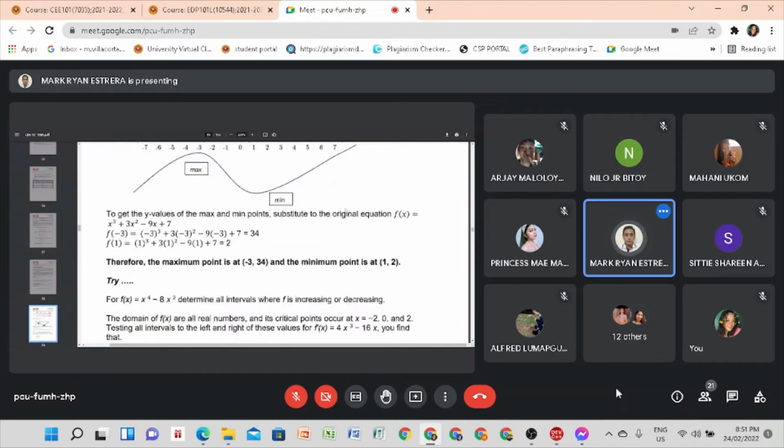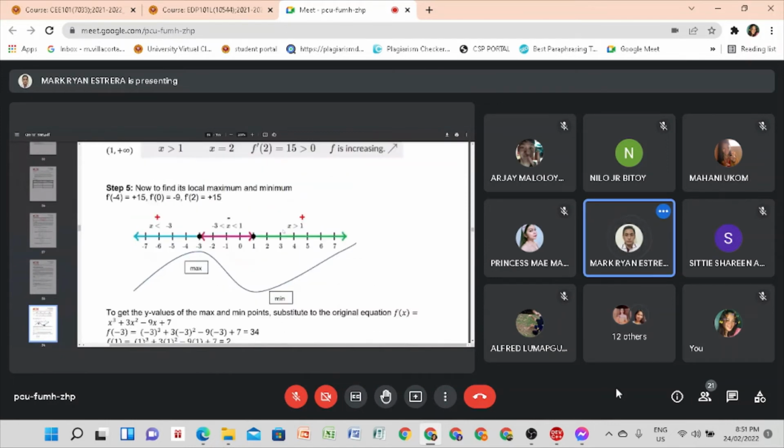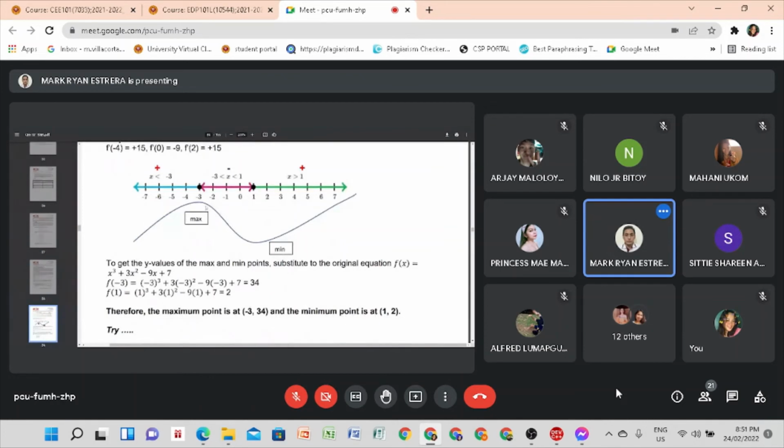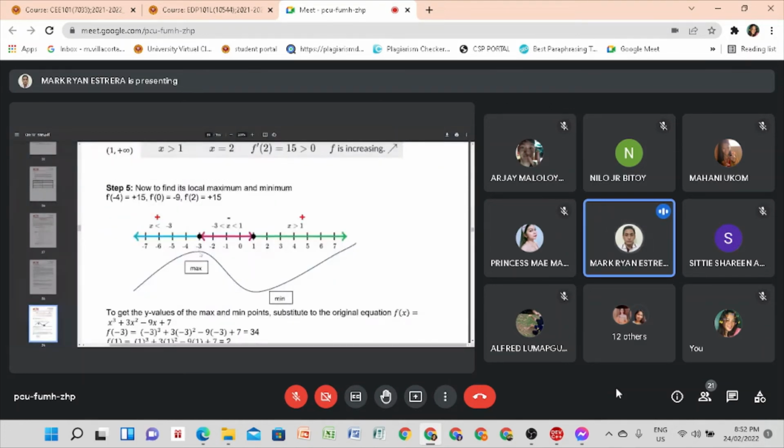Now, getting the y values of the maximum and minimum points, which are the critical points. Those critical points are your x's. The x equal to negative 3, whose result was increasing, would be your maximum, but you need to find its paired y.